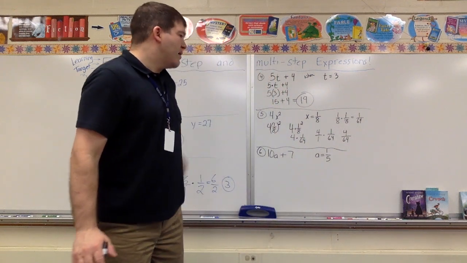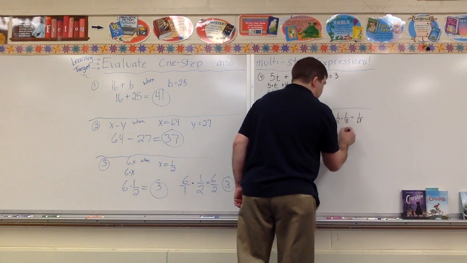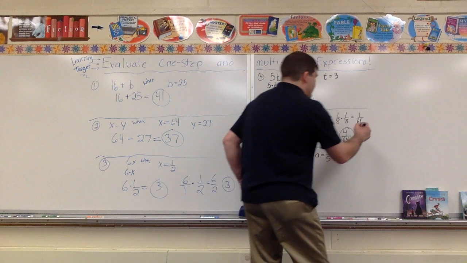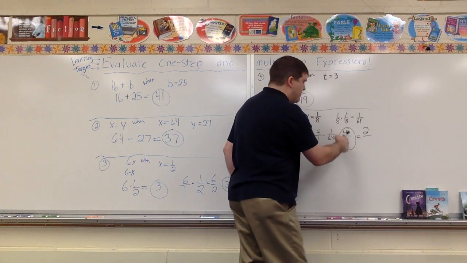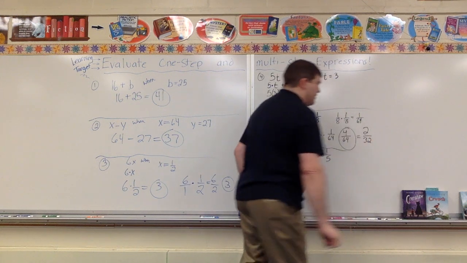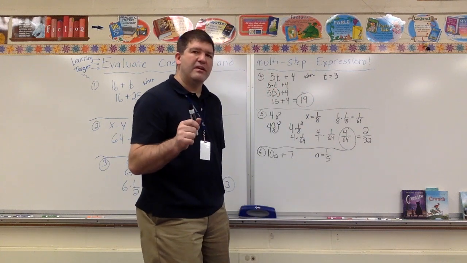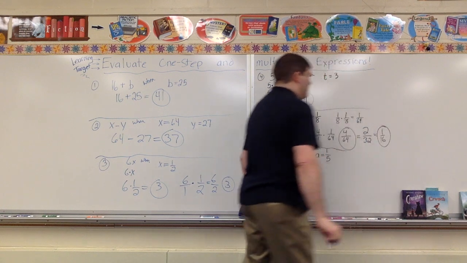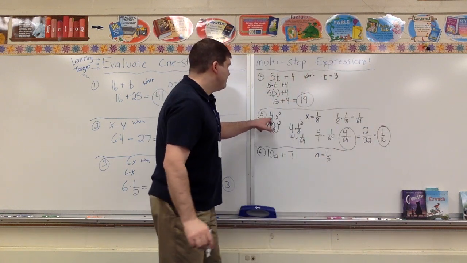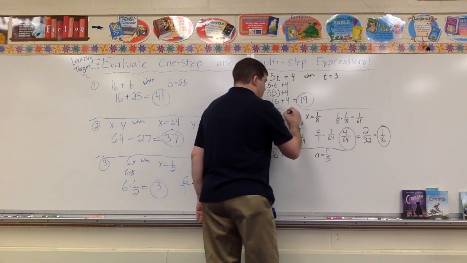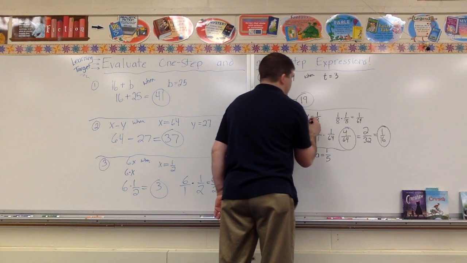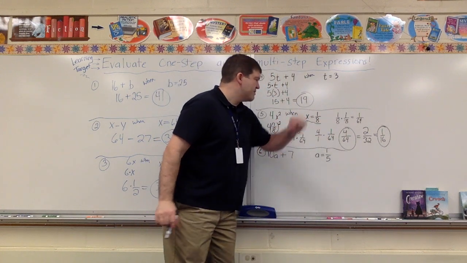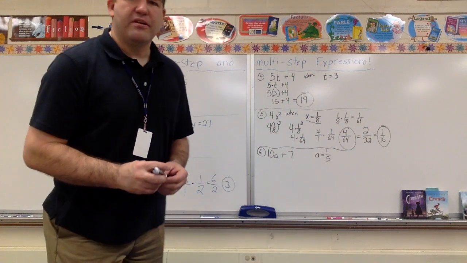So I get 4 over 64. But I see they're both even, so I'm going to simplify this. This can be 2, cut it in half, and this would be 32. And they're both even again, so once they're even, I can always cut it in half. So this is going to be 1/16. Okay? So for x squared, when x equals 1/8, plug in the 1/8 here, I do all this computation, and my answer is 1/16.